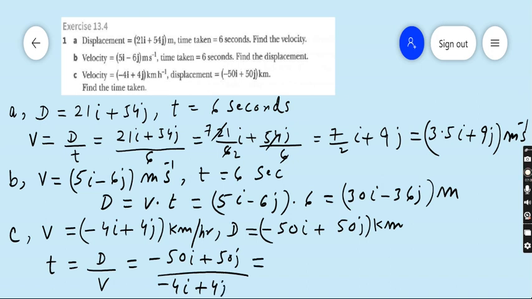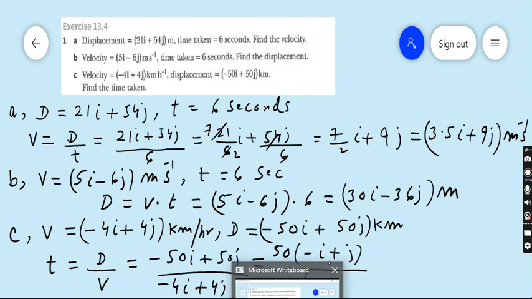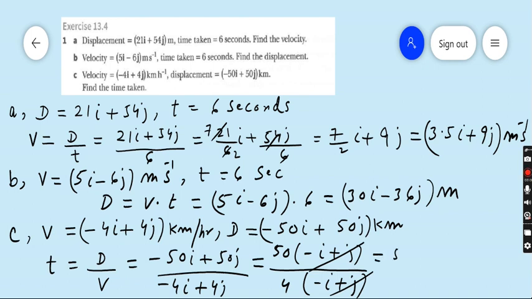If I take 50 common from the numerator, it is minus i plus j, and if I take 4 common from the denominator, it is minus i plus j. I cancel minus i plus j by minus i plus j, and the remaining is 50 upon 4.